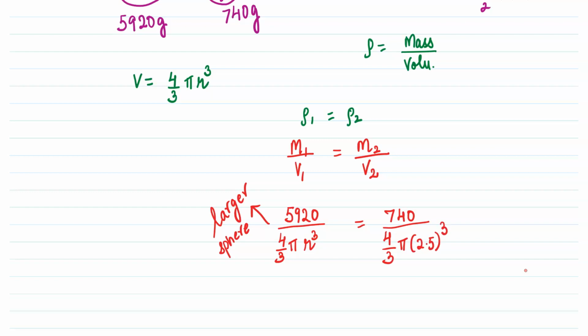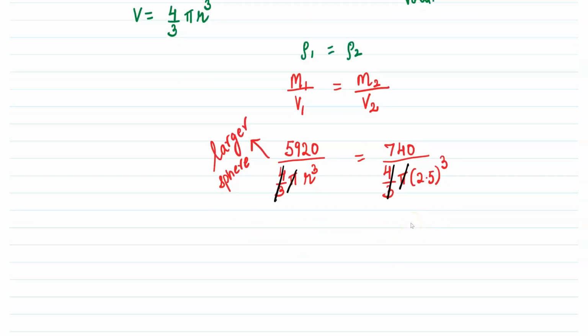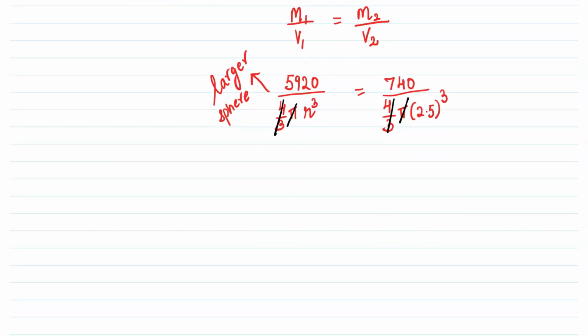So, we can see that this can be cancelled by this, then pi can be cancelled by pi, and we are left with 5,920 by r cube and 740 by 2.5 whole cube.